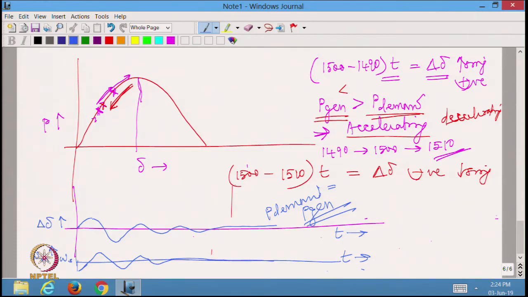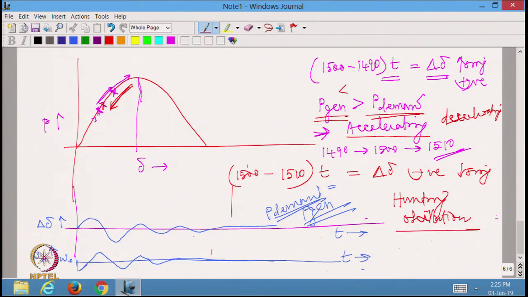Torque will also go from positive to negative, or power will also go from, if I want P demand, initially P generated was less, then it would have gone increasing, decreasing and so on, and ultimately it will settle down at P demand itself. Now, this oscillation is generally known as hunting oscillation.